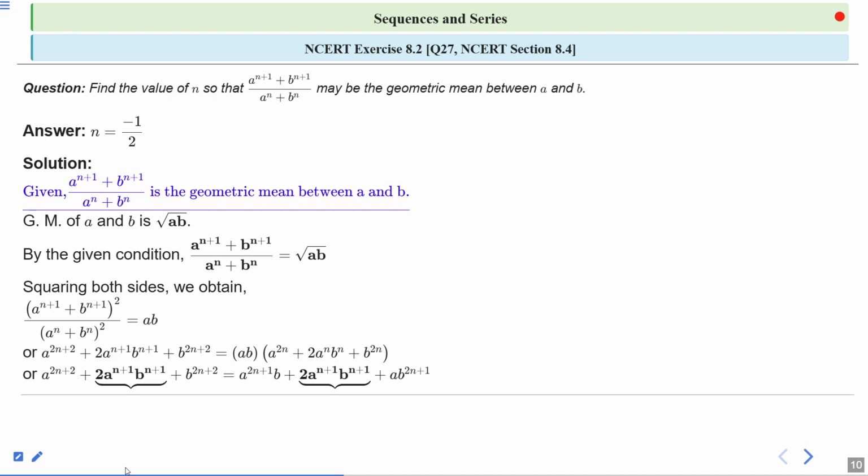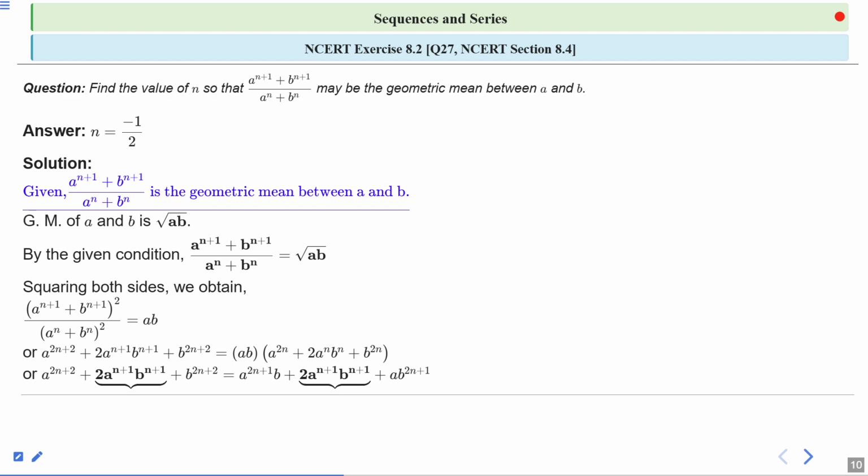Basically, we multiplied ab into each term: a^(2n), 2 a^n b^n, and b^(2n), and then we get the expression on the right hand side. And you can see in the left hand side and right hand side, 2 a^(n+1) b^(n+1) is common, so those are basically the same terms.